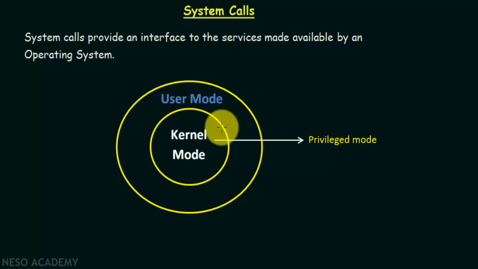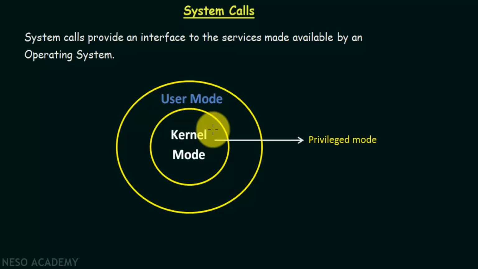But if a program is executing in kernel mode, that program has direct access to the memory and hardware and such resources. So we say that if a program is executing in kernel mode, then it is in a privileged mode because it has direct access to many of the resources. But the problem is that when a program is executing in kernel mode, and if that program happens to crash during its execution, then the entire system would crash or come to a halt.